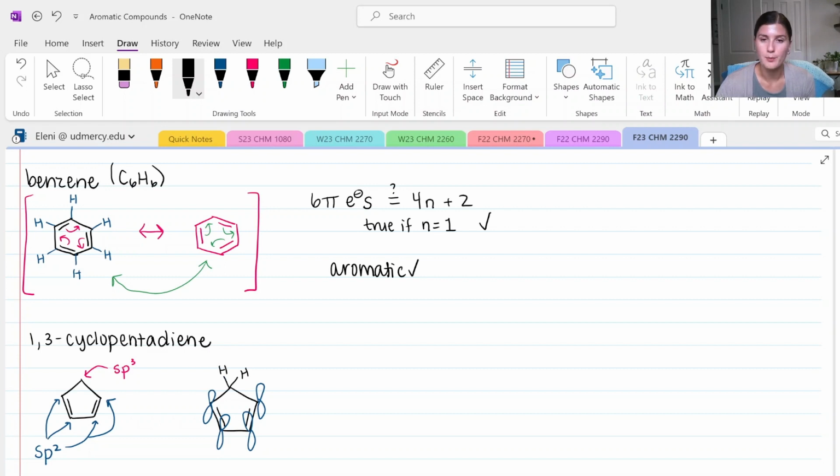So there's no unhybridized p orbital for the pi electrons to resonate around. So criteria 1 is not met. Criteria 2 is not met. It's also not planar. Criteria 3 is not met because sp3 geometry is tetrahedral, which is not planar.